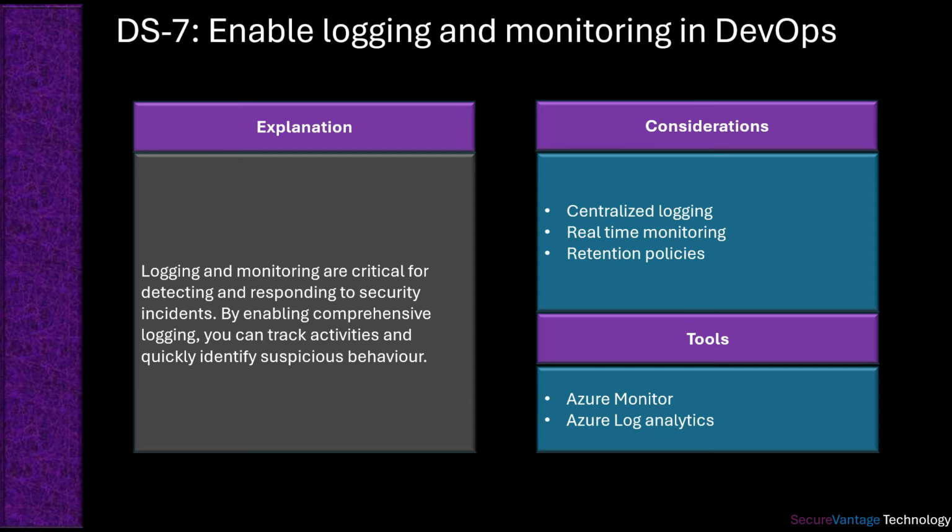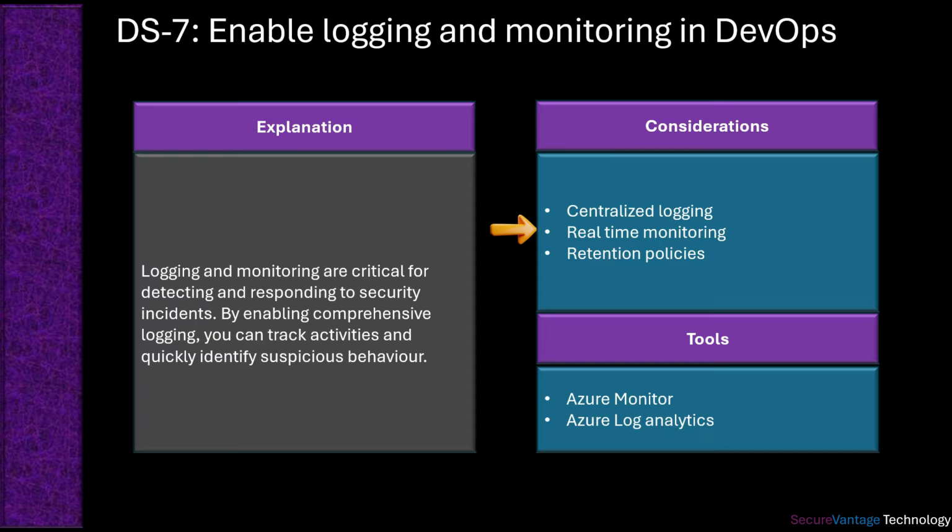Seventh, DevOps processes: enable logging and monitoring in DevOps. Logging and monitoring are critical for detecting and responding to security incidents. By enabling logging, you can track activities and quickly identify suspicious behavior. What are the considerations in this regard? You aggregate logs from all DevOps tools and environments into a central system.